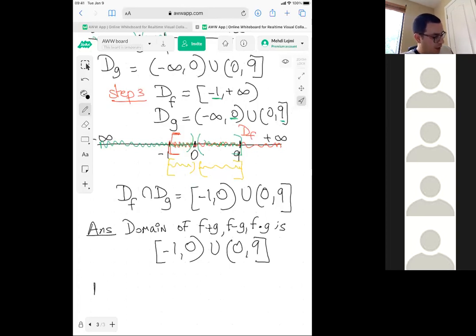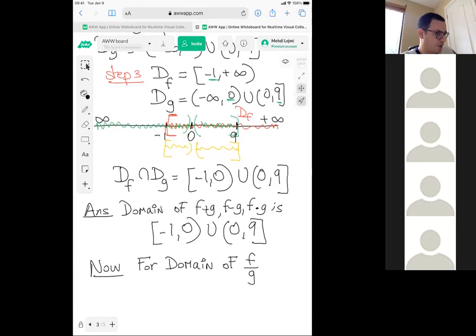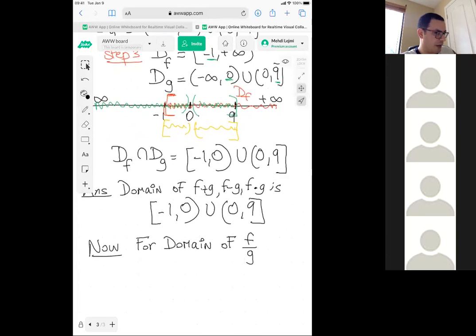Okay, so now, of course, f over g is left. For the domain of f over g, we need to exclude, f over g is a fraction, right? So we have to solve the bottom is equal to 0.